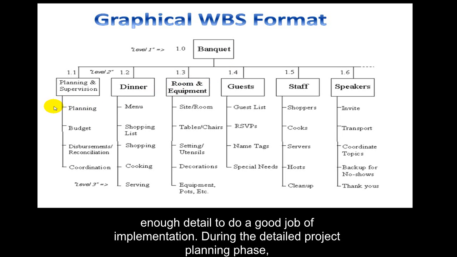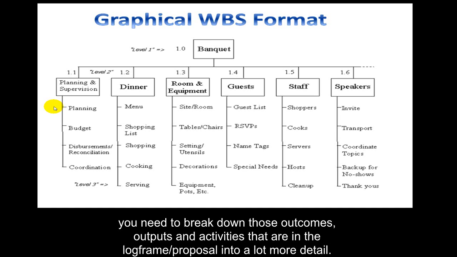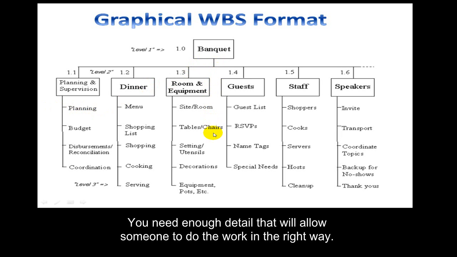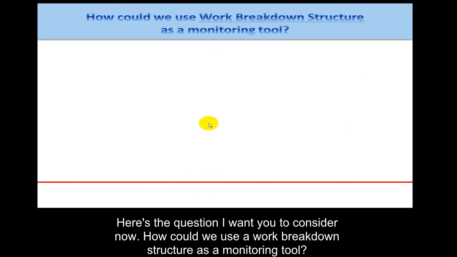So you need to have, during the detailed project planning phase, first of all, to break down those outcomes, those activities that are in the log frame, in the plan, into a lot more detail, enough detail that will allow someone to do the work in the right way. Here's the question I want you to consider now. How could we use a work breakdown structure as a monitoring tool?